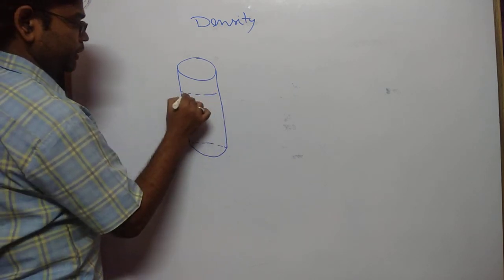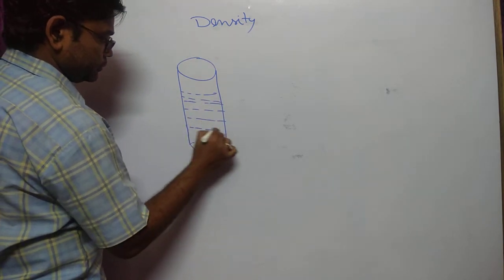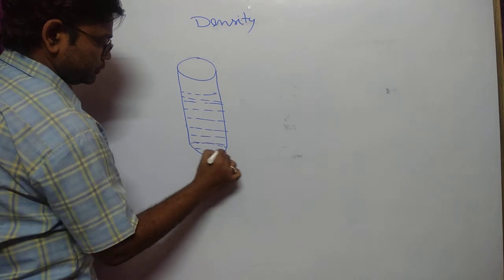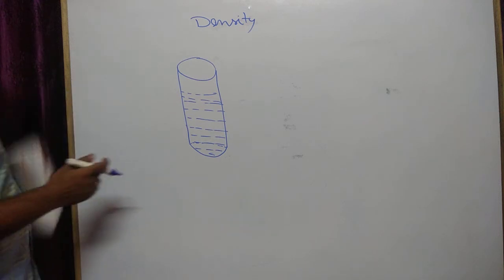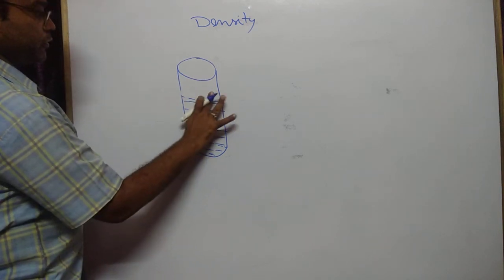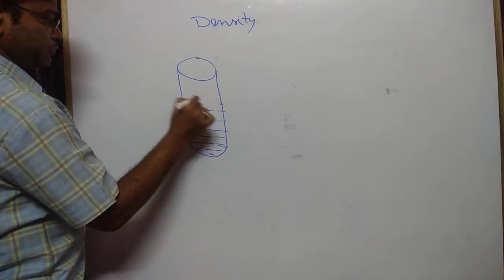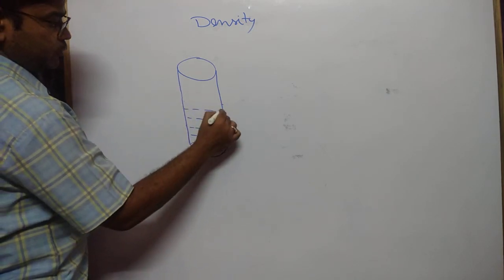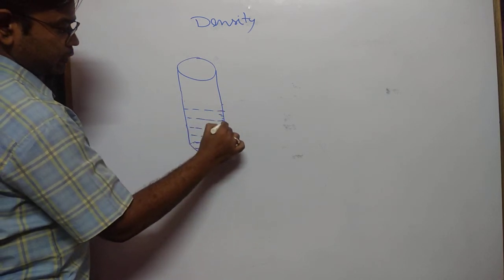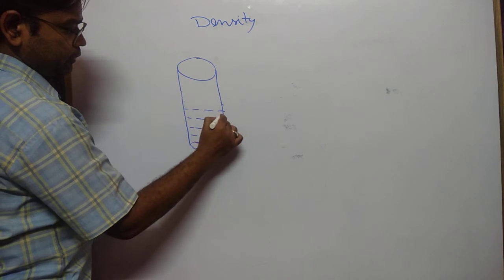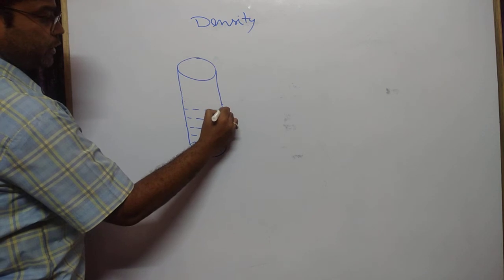This measuring cylinder is filled up to some height, up to this mark. There are some markings on the wall of the container. So we note down this mark.